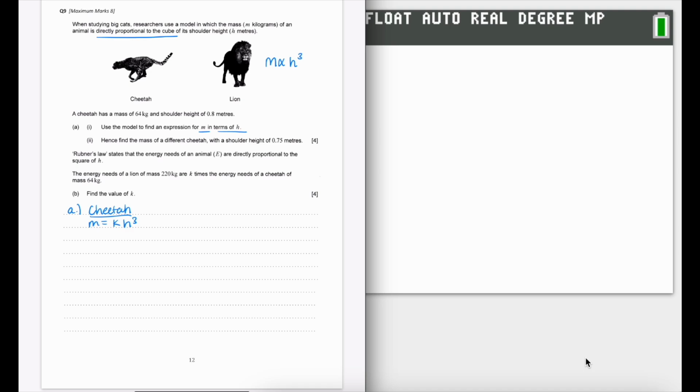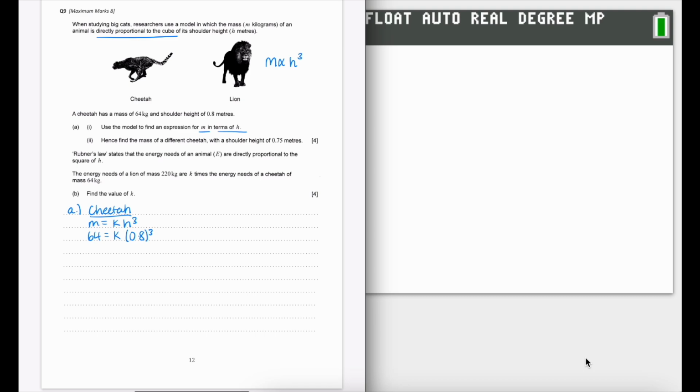And we're trying to find out what that something is. We tend to use k when it's proportionality. So 64 is equal to k, and then we have 0.8 cubed. That's just from the first part of the question. We're told that when it's 64 kilograms, there's a height of 0.8 meters.